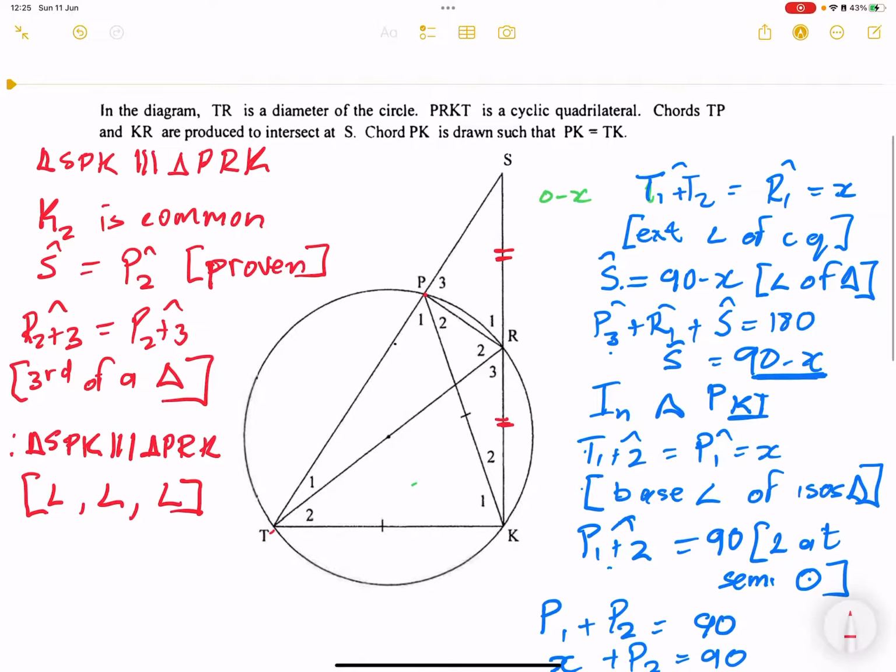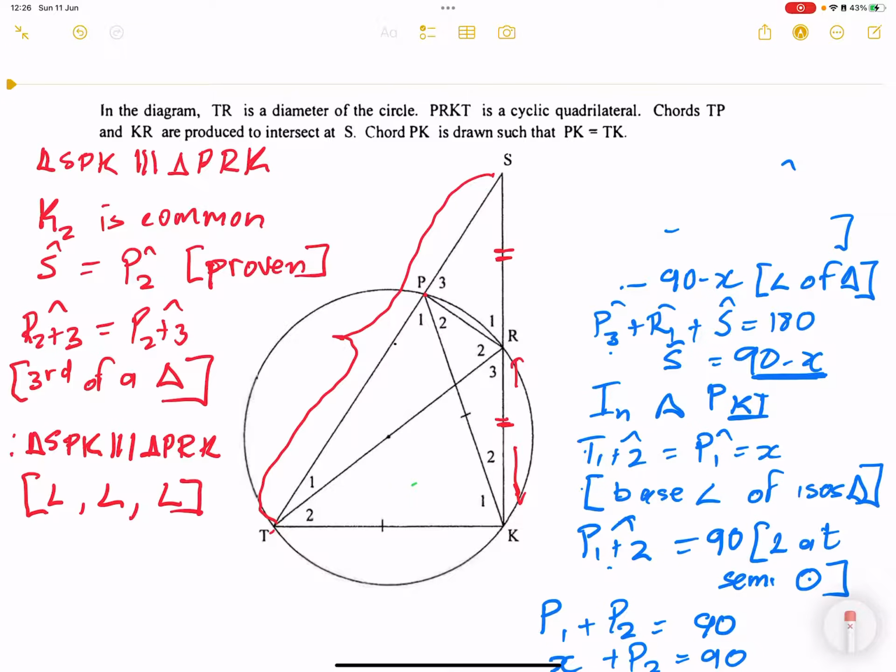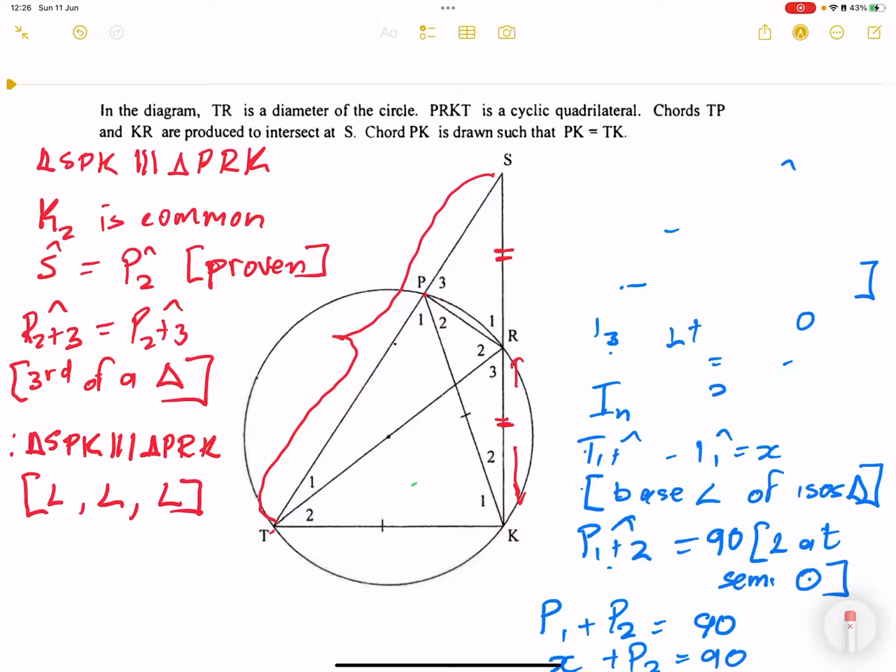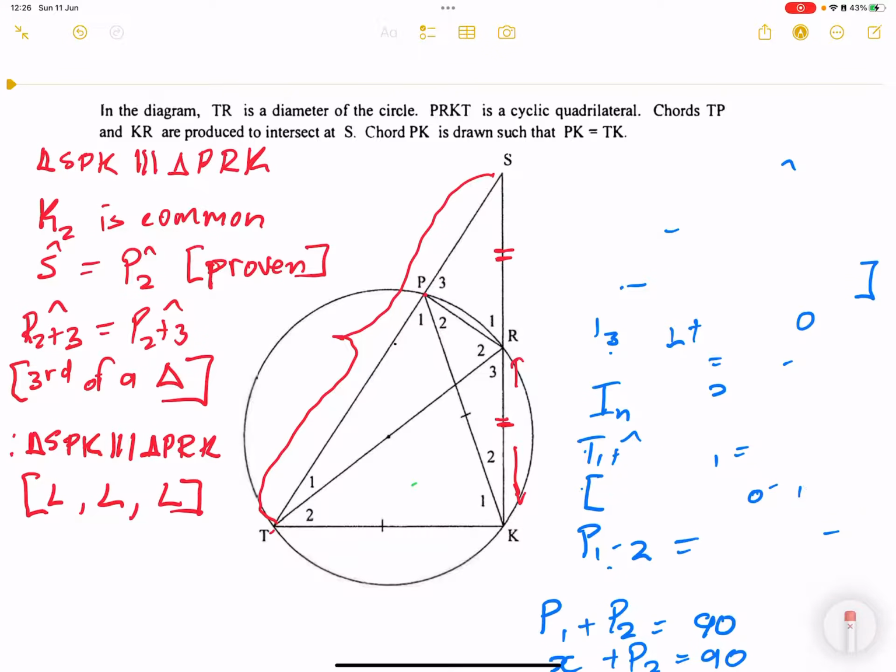Now let's see ST. So ST is that entire side. So we need to relate ST to this side RK here. Now I'm going to remove this over here, because what I do want to do is to work as closely as possible to the diagram. Now ladies and gents, let's first do this.